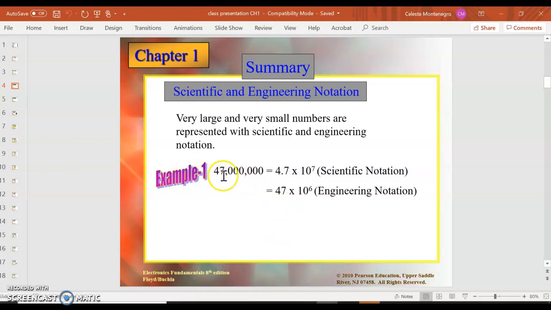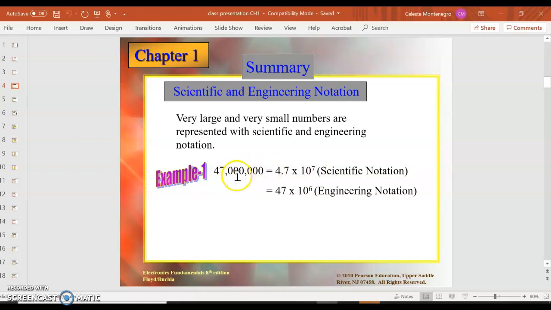So for example, here we have a 47 million quantity. If we were to use scientific notation, we can have 1 digit to 2 digits before the decimal point. So in this case, we have 4.7 to the base 10 to the exponent 7.